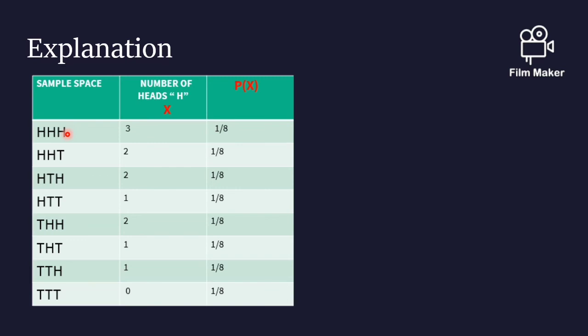So how many samples do we make for this one? 1, 2, 3, 4, 5, 6, 7, 8. So divided by 8, divided by 8. You will write 1 over 8, 1 over 8, and 1 over 8.